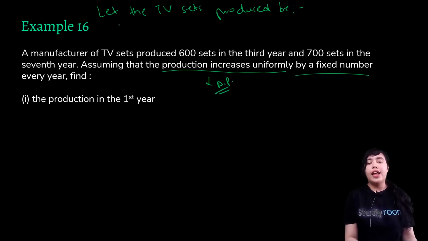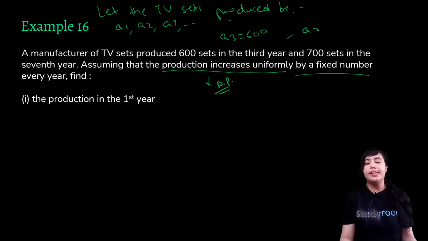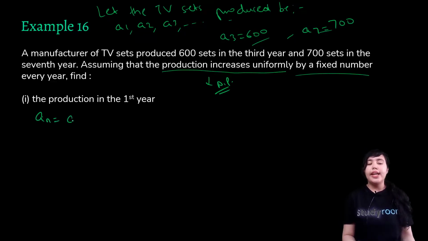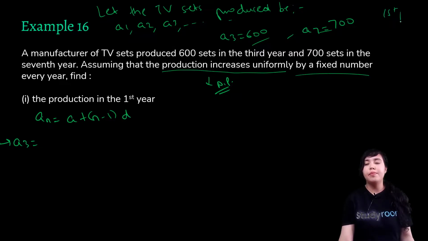So let's say that we have A1, A2, A3 going on till we don't know where. And here we've been given A3 as 600 and we have been given A7 as 700. So making use of these, an is actually a plus (n minus 1) into d. So use that formula. Let's say this AP is having first term a and common difference d.